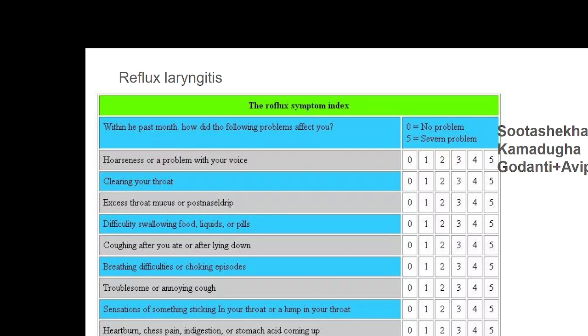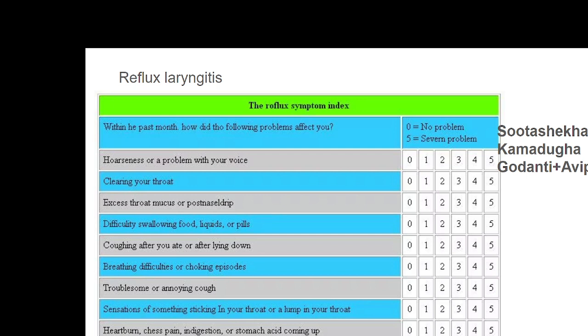Sensation of something sticking in your throat or a lump in your throat is again a sign of inflammatory laryngitis. Heartburn, chest pain, indigestion or stomach acid coming up are also signs of reflux laryngitis. Based upon this questionnaire, you can decide whether it is reflux laryngitis or not.